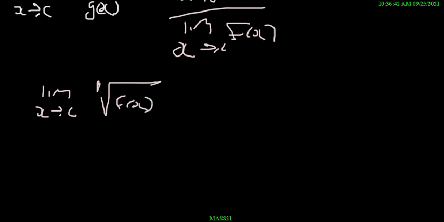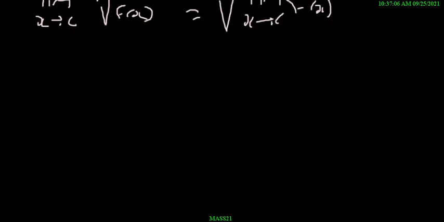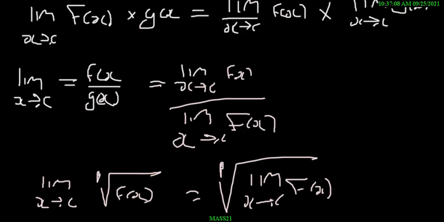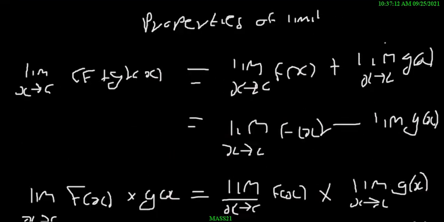So this will be equal to the p-th root of the limit of the f(x) that's under the root. So these are the main properties you need to know about, and once you know this, it's going to be easy to answer the examples.